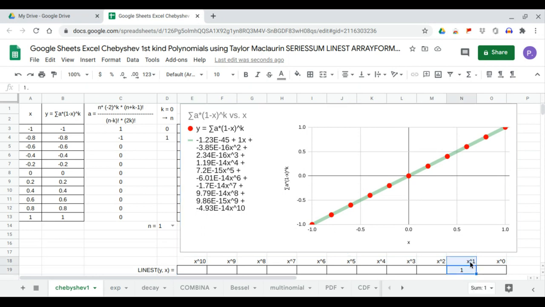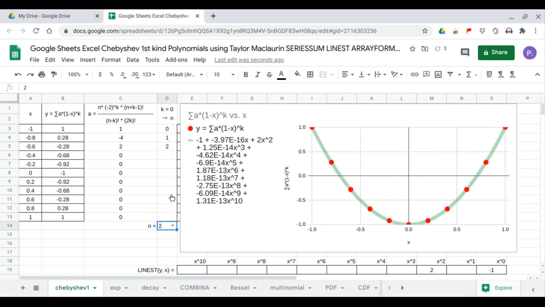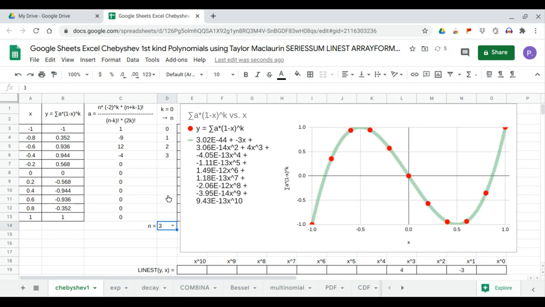At n equals 2, the Chebyshev first kind polynomial y equals negative 1 plus 2x squared. At n equals 3, the Chebyshev first kind polynomial y equals minus 3x plus 4x cubed.